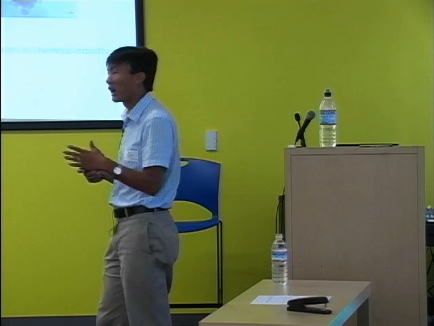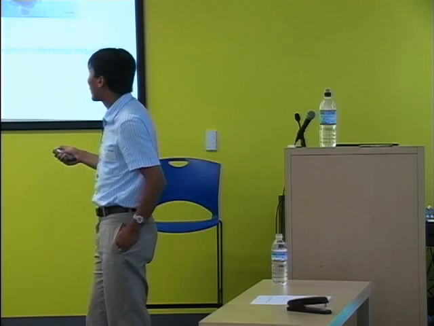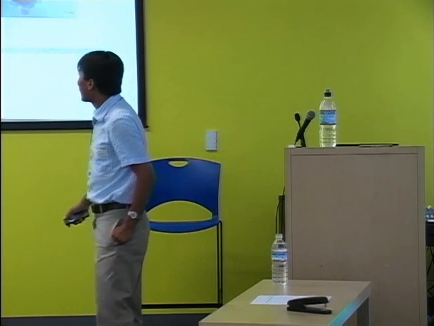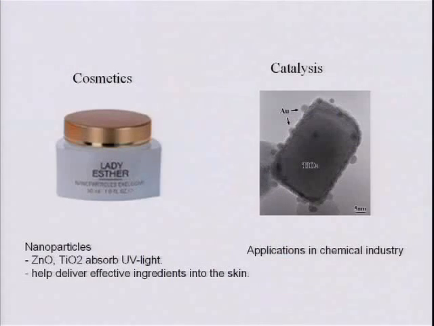They remove the UV light and protect your skin. And for catalysis, the whole oil industry relies on this technology. They use metallic particles as catalysts for cracking the oil and decomposing it into different components. So it's a big industry already.